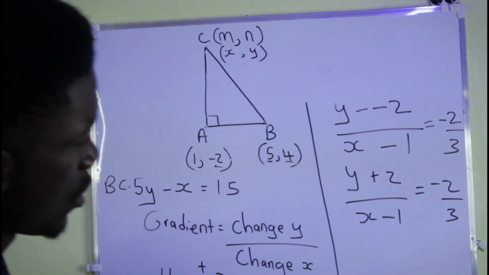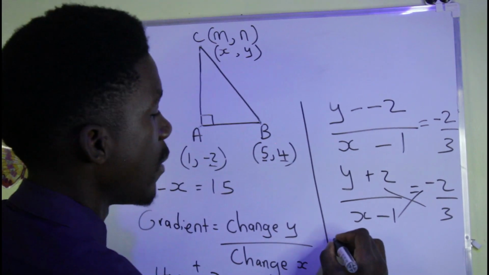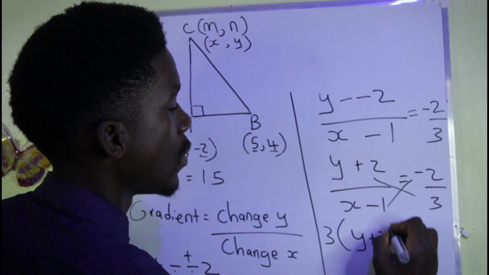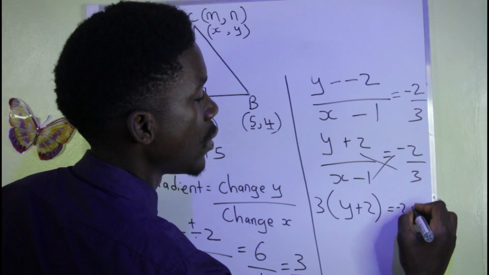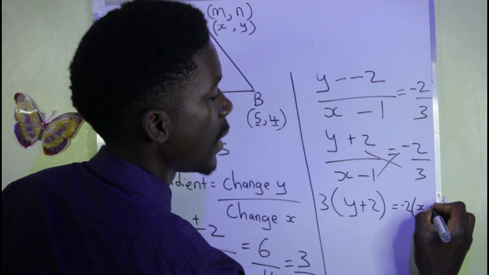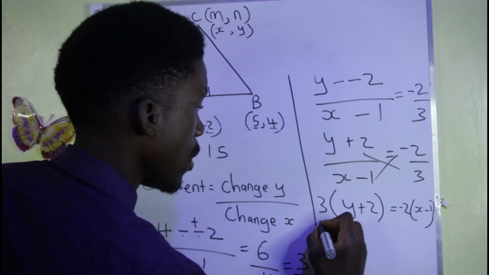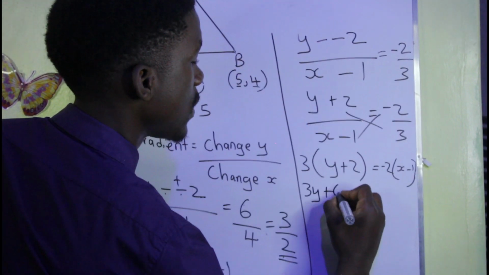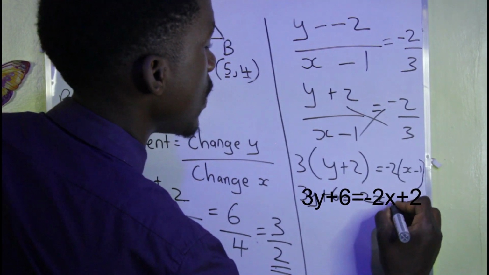Quick mathematics: we cross multiply, so we have 3 times (y plus 2) equals -2 times (x minus 1). So let's open the brackets. We will have 3y plus 6 equals -2x plus 2.